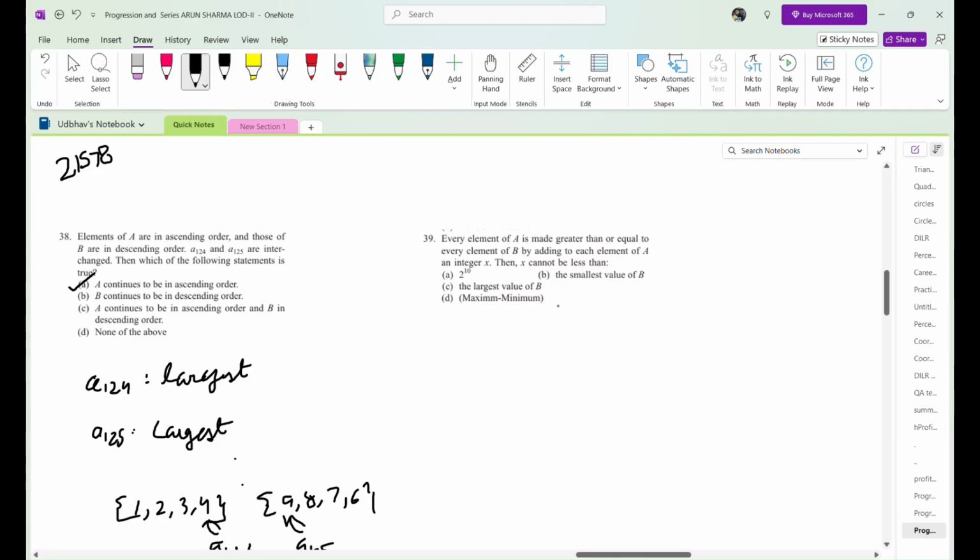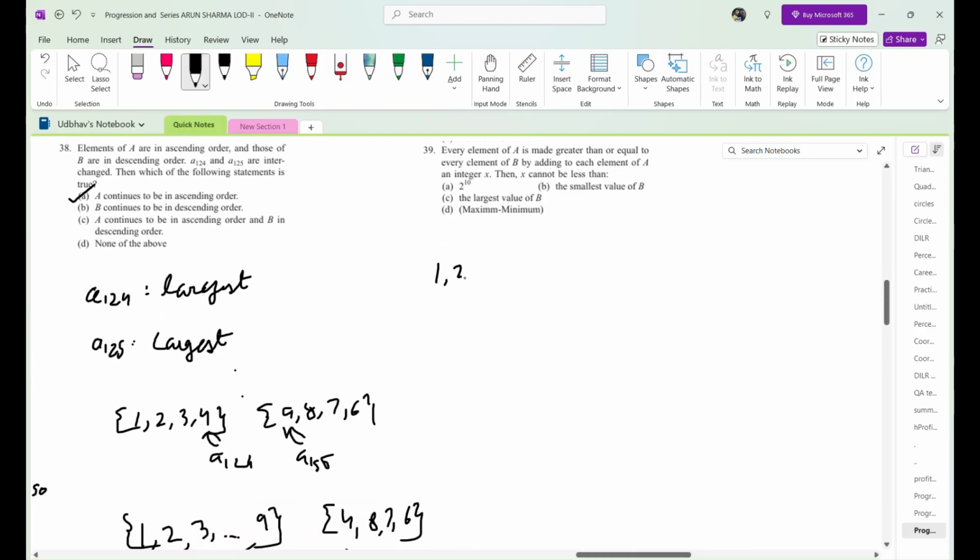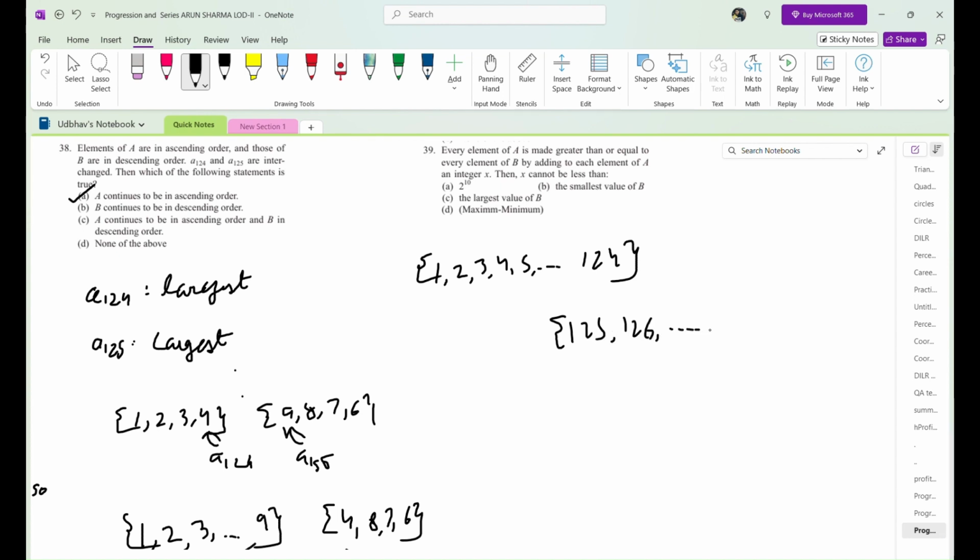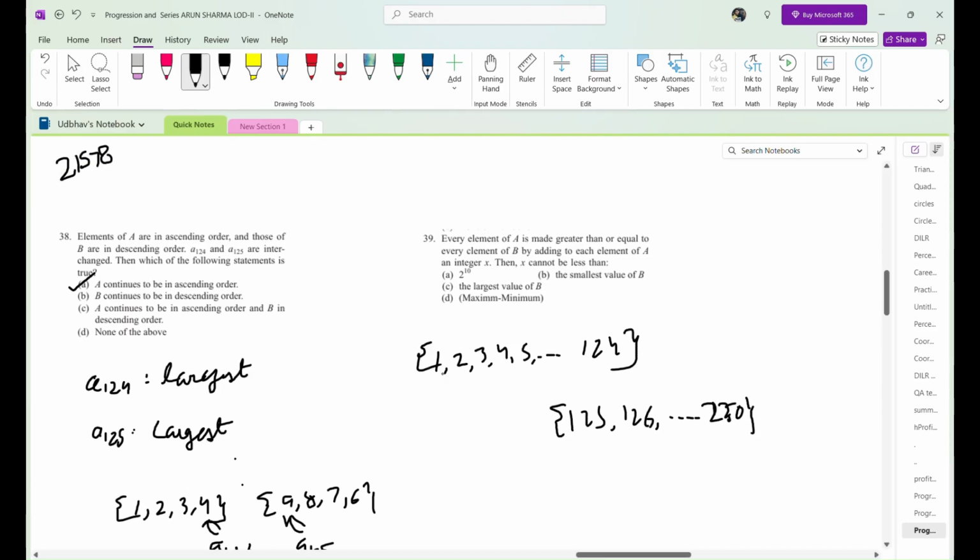Every element of A is made greater than or equal to every element of B by adding to each element of A an integer x. Okay, so what was our assumption of A, up till 124, and our assumption of B?